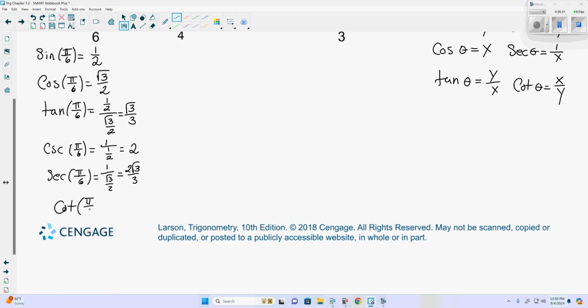And cotangent of pi over 6 is square root of 3 over 2 over 1/2, which actually just works out to be the square root of 3.